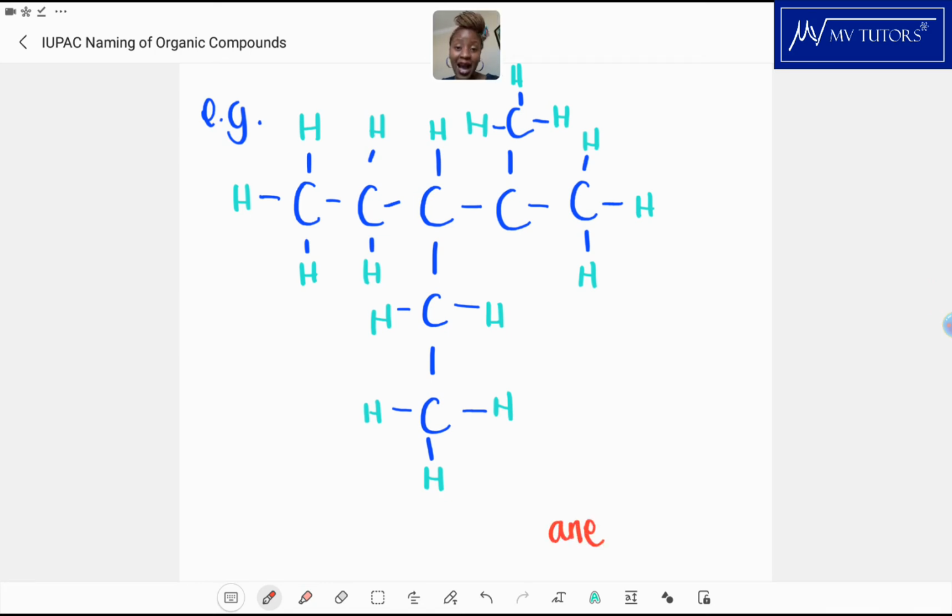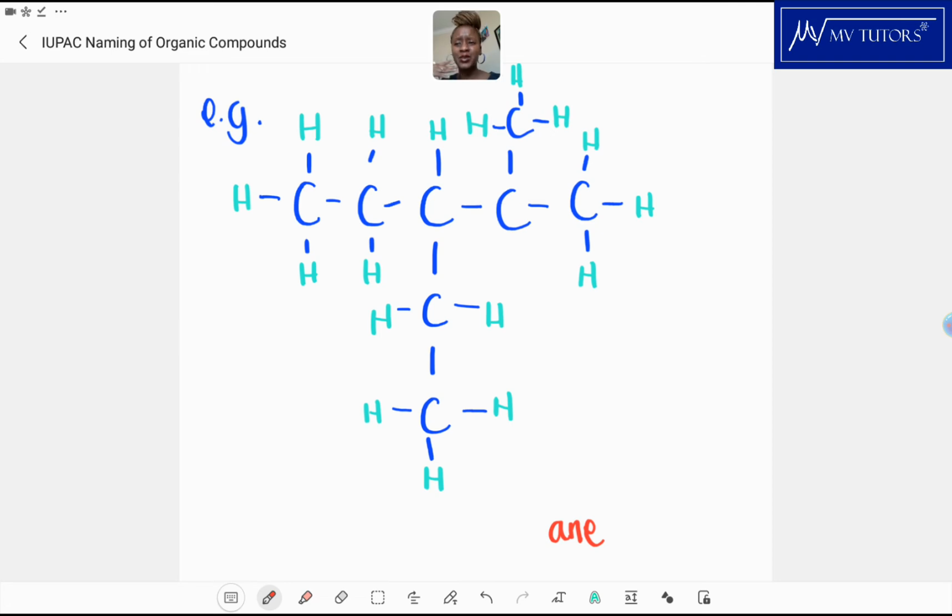Okay, now how many carbon atoms are there, or the longest carbon chain? All right, so I have 1, 2, 3, 4, 5, and I have 1, 2, 3, 4, 5, and I have 1, 2, 3, 4, 5. Oh my goodness. So all these longest chains have 5 carbons in them.